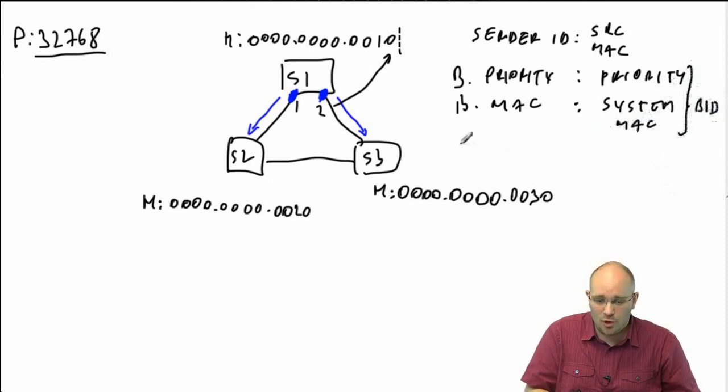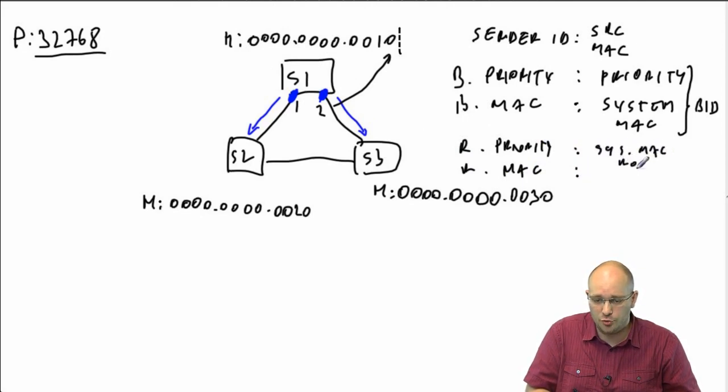And finally, we are going to have the information about the root priority and the root MAC address. These are going to be the system MAC of the root bridge, and the system priority of the root bridge.